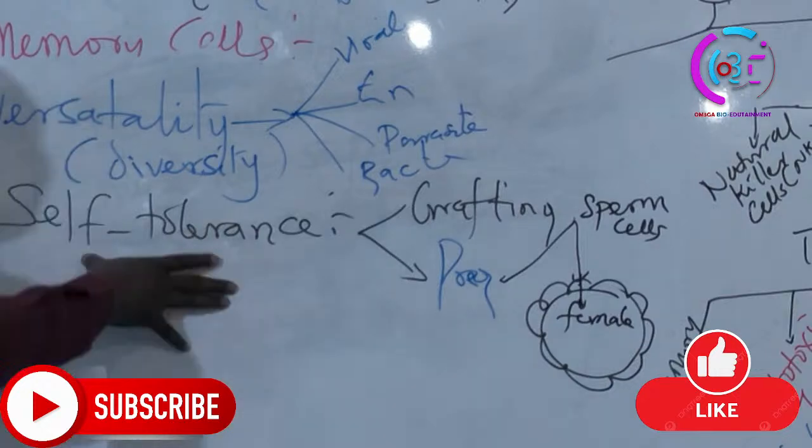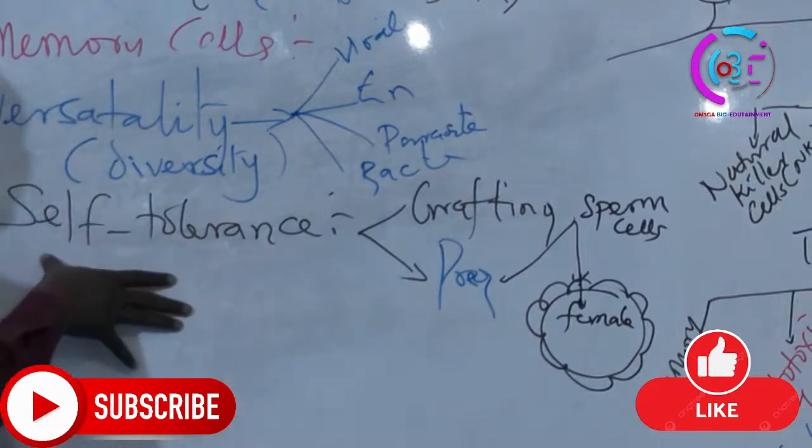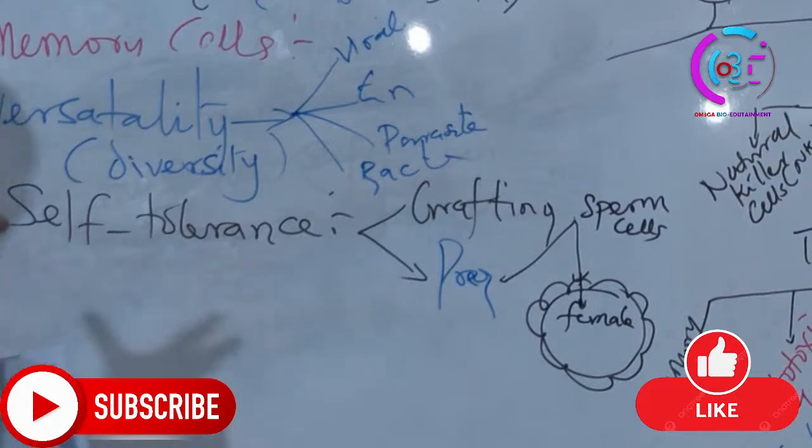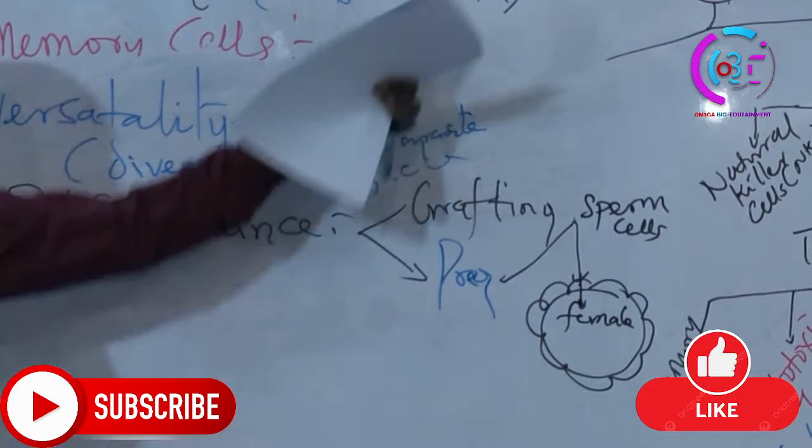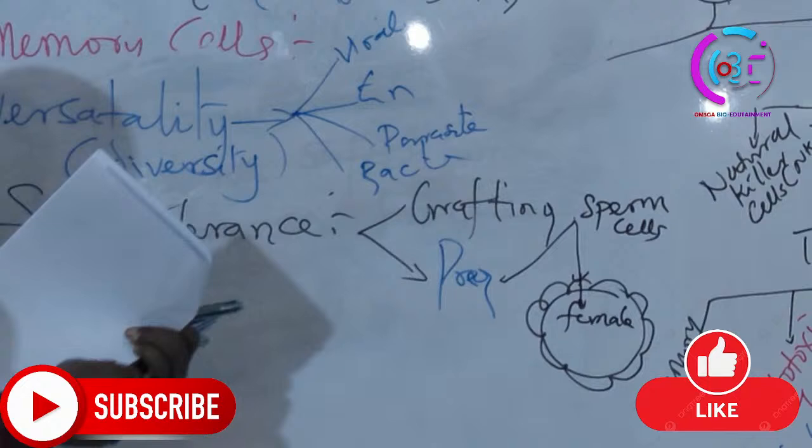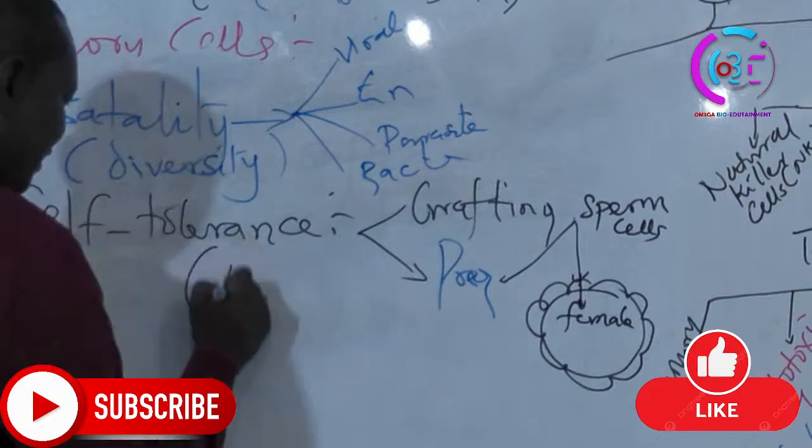But if the adaptive immune system is not competent enough to self-tolerate, that is going to be an immune disease, or what leads to immunological rejection.